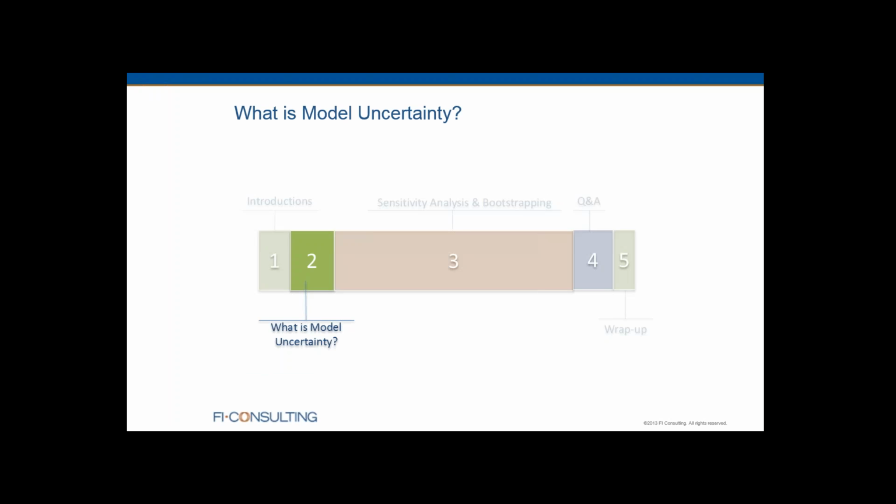So before we jump into model uncertainty and looking at sensitivity analysis, I'd like to just take a quick poll. You should see shortly a question appear and have an opportunity to respond. We wanted to ask the audience, how often do you use sensitivity analysis in the context of model validation?